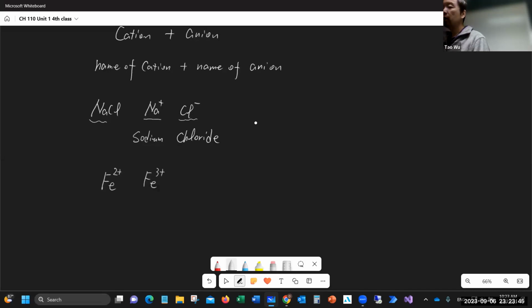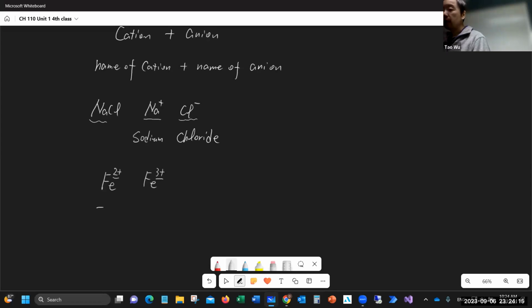But a metal ion is just equal to its metal's name, so both are called iron, and you cannot tell the difference. When you write the formula, you need to make sure what the charge of this cation is, and then based on the charge of the cation, you write the formula.